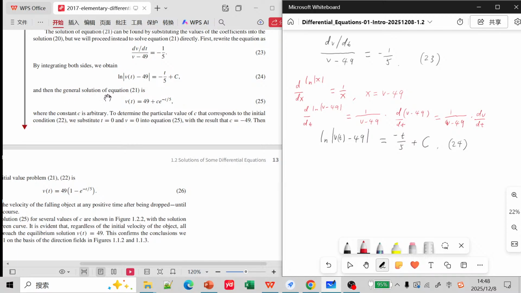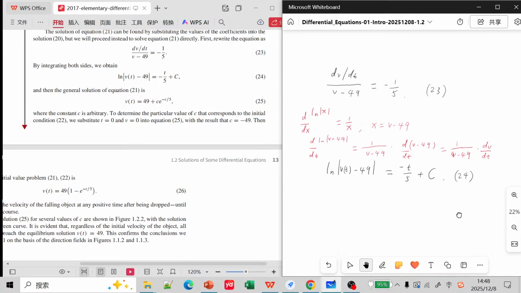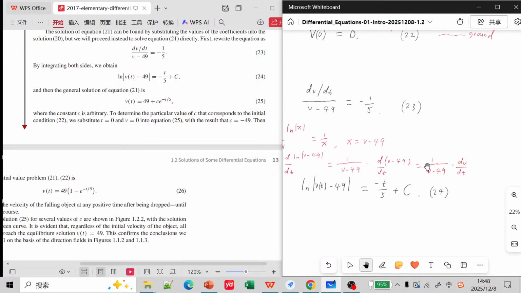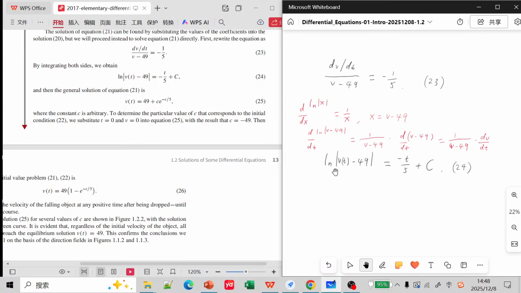And then the general solution of equation 21 is, so we continue to do this calculation, because here is just a relation equation, but eventually we want to know what is v of t, so we just continue.